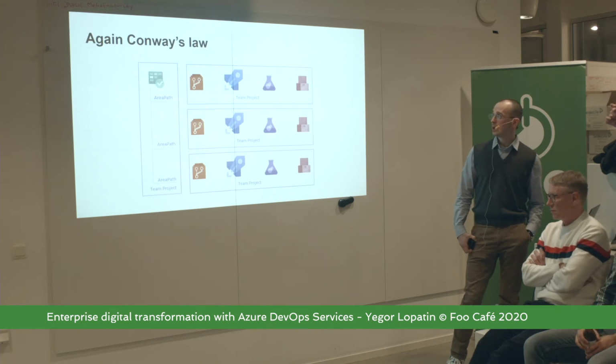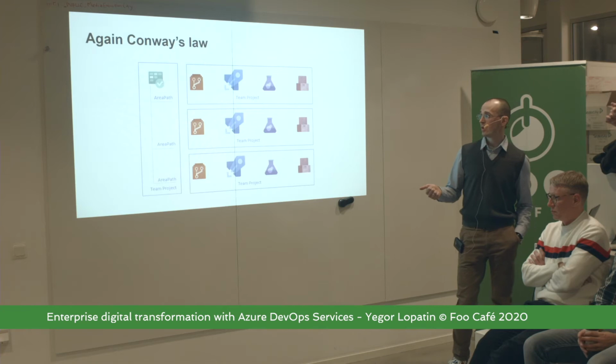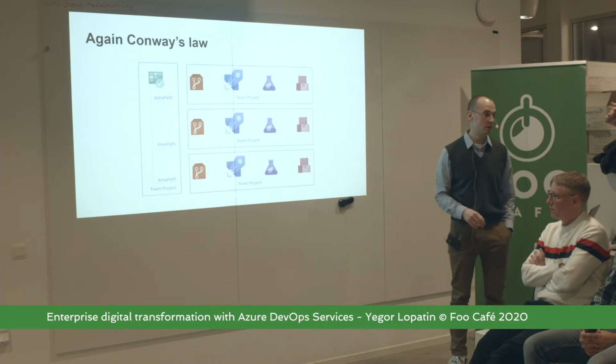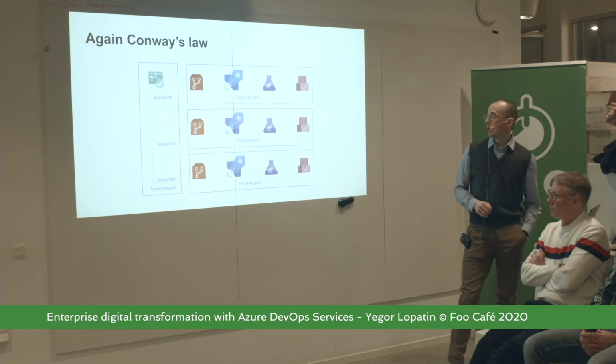And we came up with a second rule. So the first rule: keep all boards in one team project and apply one process template. And the second, just to have a mapping, we have as many area paths as team projects with source code where developers work.